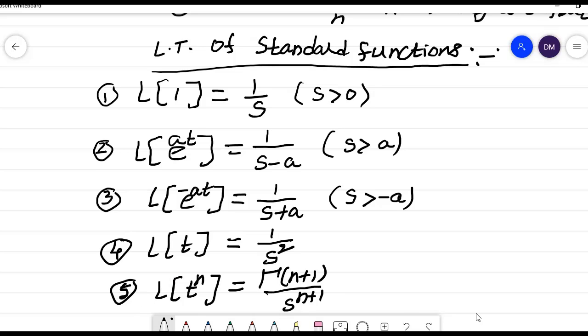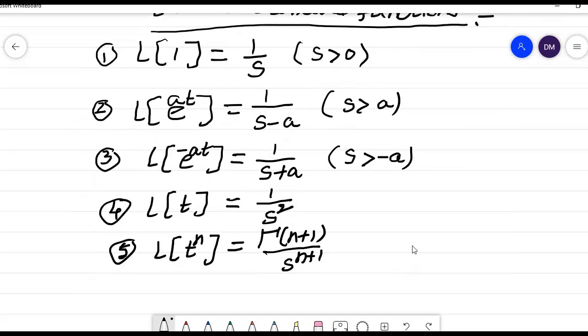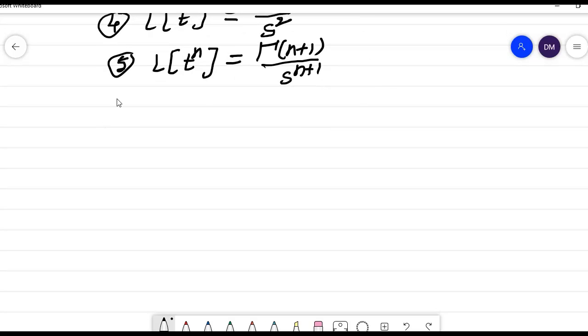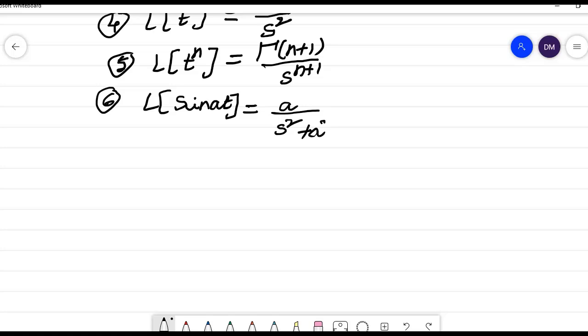Now coming to the sixth property, Laplace transform of sin at is equal to a by s square plus a square. Here s is greater than a.